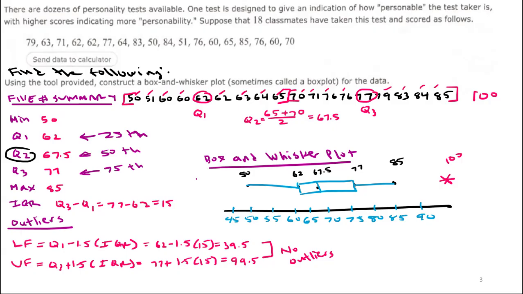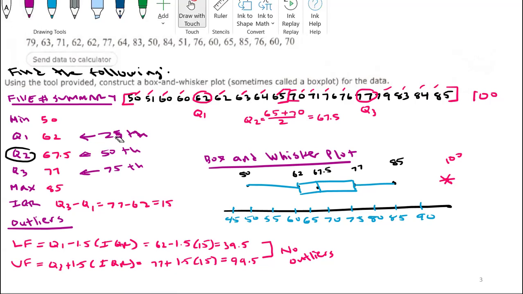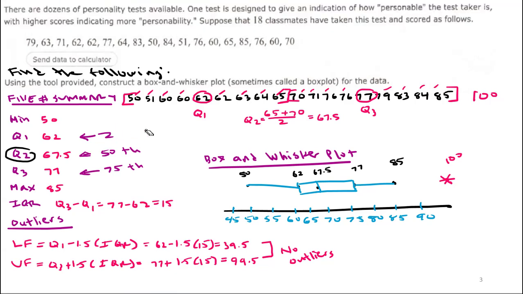Okay, so that's 25. Remember that. Let me rewrite this part here. Again, just another way to describe the same information: 25th, 50th, 75th. Okay, so the 25th we know how to do.